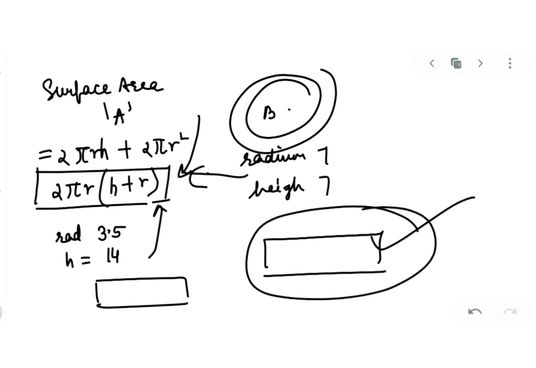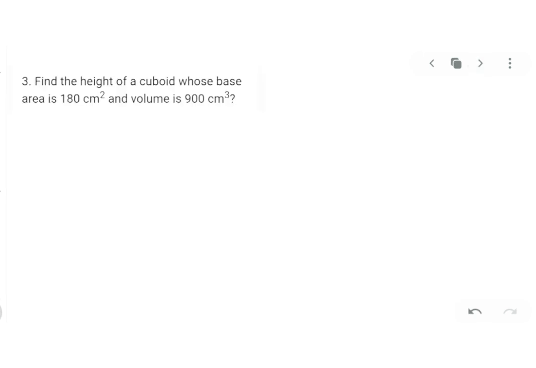Correct? Perfect. Next we have find the height of a cuboid whose base area is 180 cm square and volume is 900 cm cube. My dear kids, what does base area itself mean? Length into breadth. That is given as 180 centimeter square.